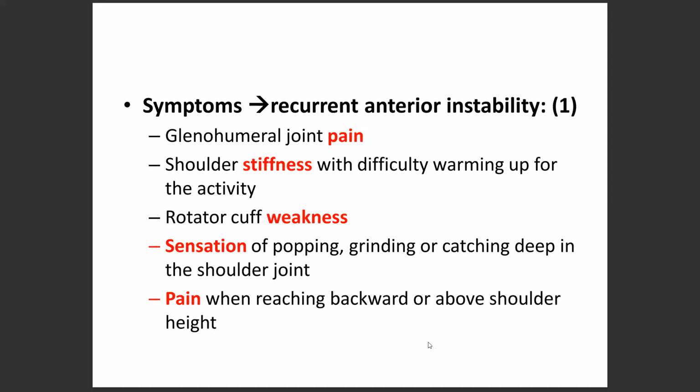So now what are the symptoms of the recurrent anterior instability? Obviously, there will be glenohumeral joint pain, specifically at the abduction and external rotation position. Shoulder stiffness will be there, and there will be difficulty warming up the activity. There will be weakness of the rotator cuff, sensation of popping, grinding, and catching deep in the shoulder joint, pain when reaching backward or above the shoulder height, because reaching backward requires rotation as well as elevation of the shoulder.